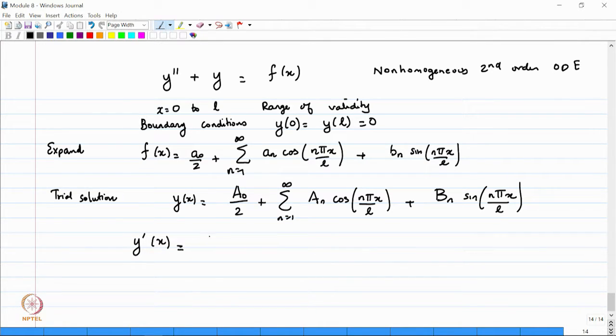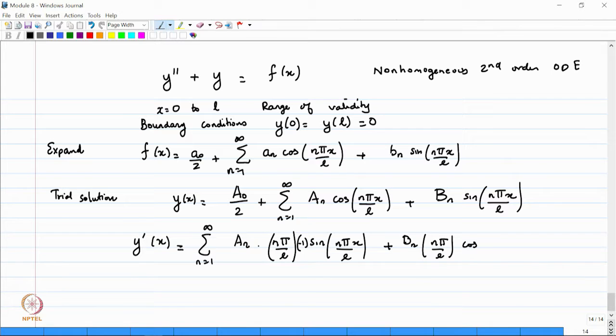The second term will have the sum over n equal to 1 to infinity of a n into n pi by L sine n pi x by L, with a minus sign, and then plus b n into n pi by L cos n pi x by L.